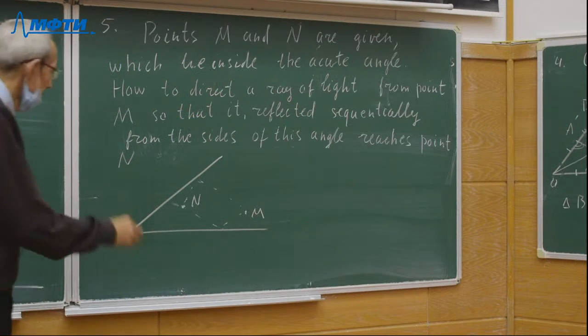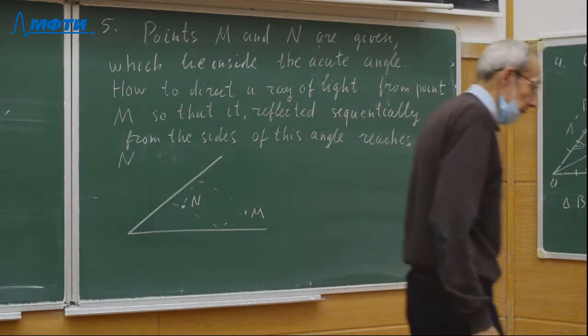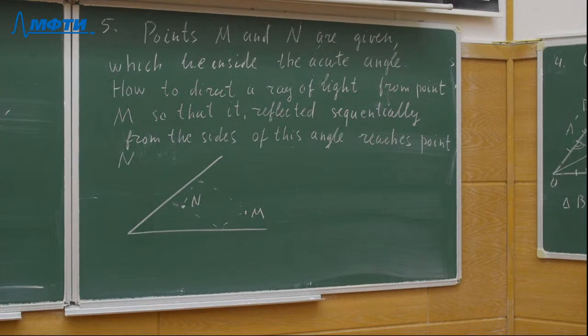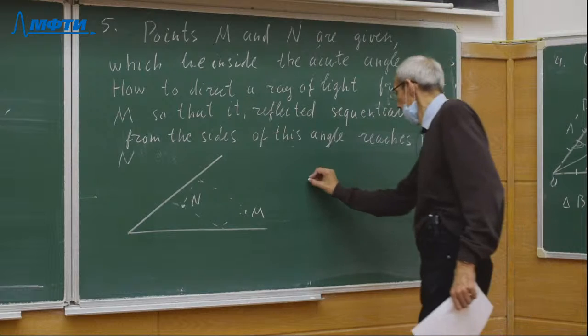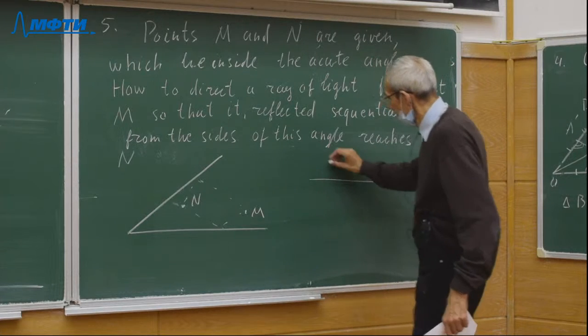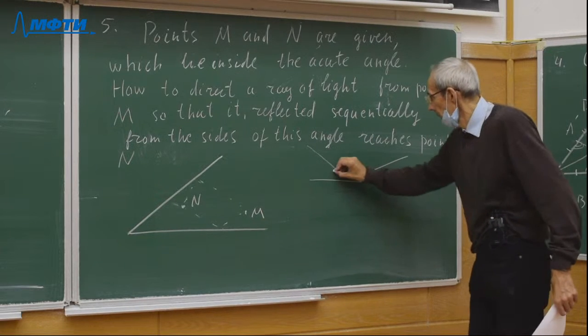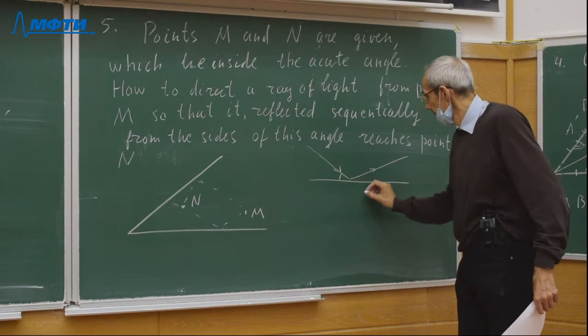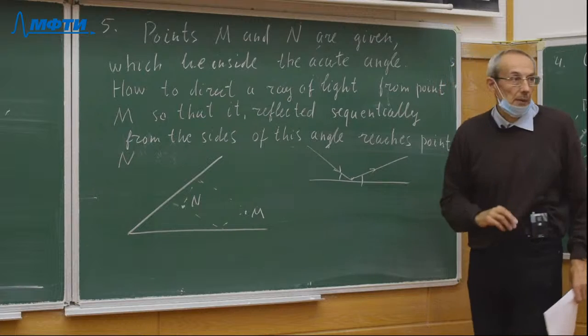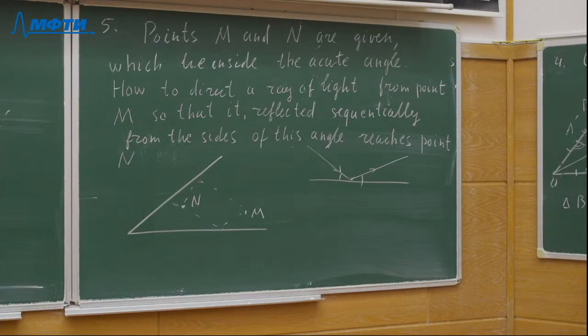How to understand, how to construct this trace for the ray? We use this property that if a ray is traced, this angle is equal to this angle. The most important property for the moving ray.